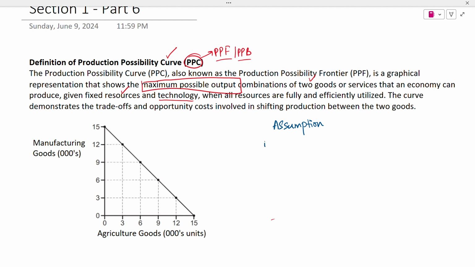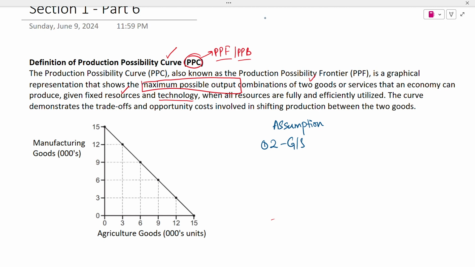The first assumption is that there are only two goods or services that we are producing. Since this diagram is two-dimensional, we cannot add more dimensions to it right now. So in order to make it simple to understand, we assume that there are only two goods and services that an economy can produce.